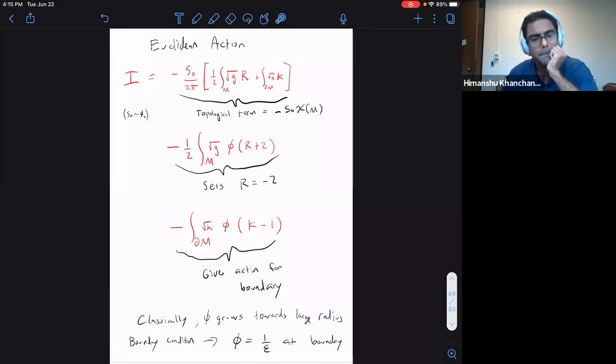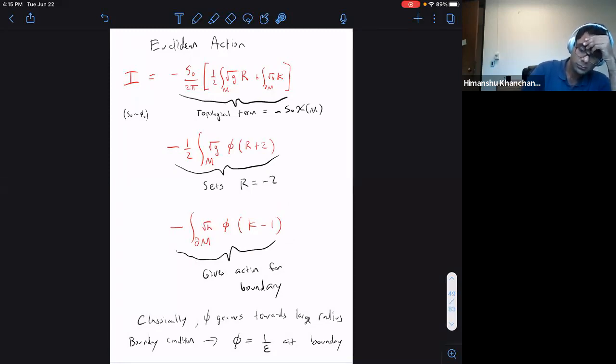So this term here will allow us to focus only on constant negative curvature metrics. And those are simple, they're just pieces of Euclidean AdS2, which is just pieces of hyperbolic space. We'll talk more about that in a moment. Finally, the last term here gives an action for the boundary.